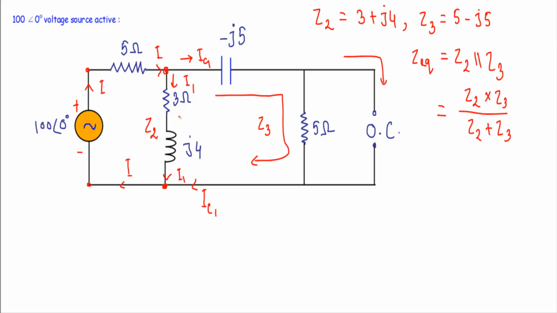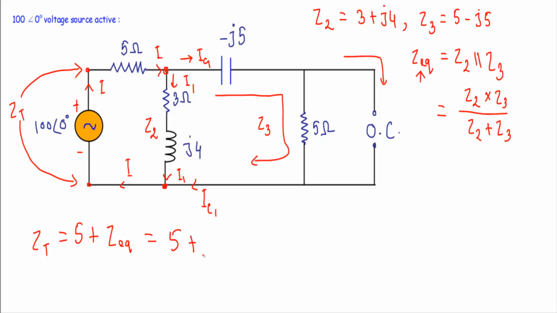Now see, if I reduce Z2 and Z3 to a single impedance of Z equivalent, that Z equivalent will be in series with this 5 ohm resistor. Therefore, the total impedance of this circuit with respect to the two terminals in which our source is connected, ZT, will be equal to 5 ohm in series with the Z equivalent, and Z equivalent is the equivalent impedance of Z2 parallel Z3, so it will be Z2 into Z3 divided by Z2 plus Z3.